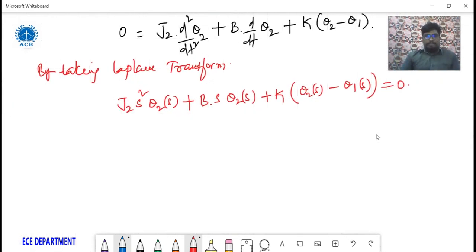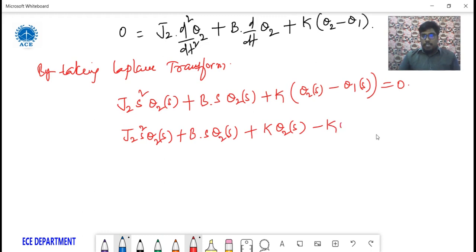Now I will rewrite this equation: J2 s square theta 2 of s plus B s theta 2 of s plus K theta 2 of s minus K theta 1 of s is equal to 0. Consider this as equation 2.